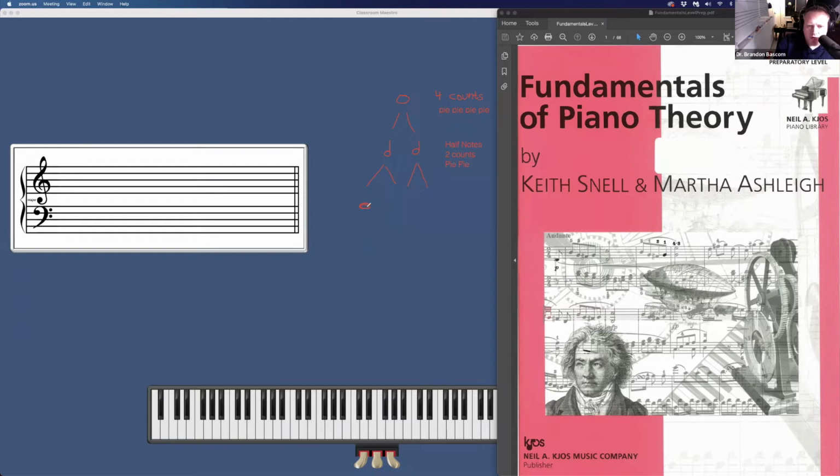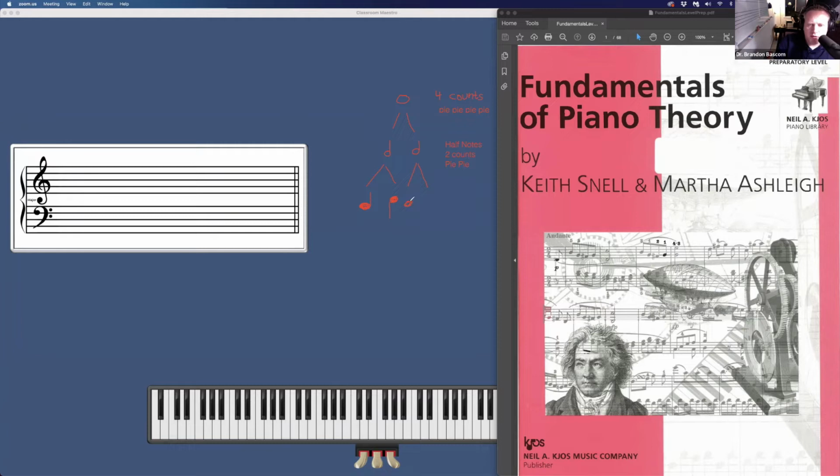And the quarter note is a filled in note head with a stem. You might see it like that. If it's in the bass clef, which we'll talk about in a little bit, in the left hand, it may look like that. It can look like that in the treble clef as well, depending upon what line or space it's on.